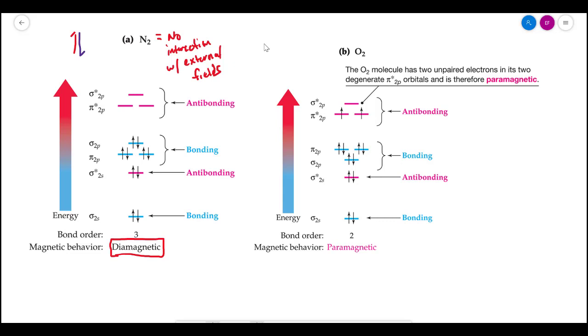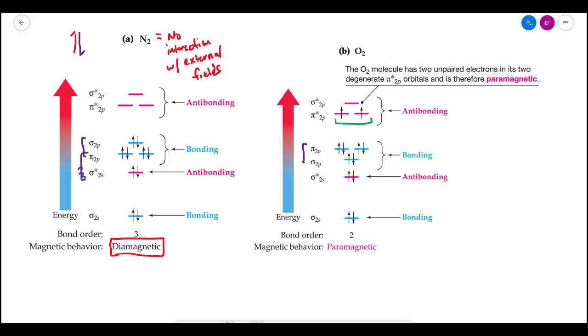Remember, once we go from nitrogen to oxygen on the periodic table, the key is that two orbitals, the pi and the sigma, flip around. Oh, no, I'm sorry, not these two, these two. So those two flip around. And if you take oxygen and fill it up with all of its electrons, what you observe is something really interesting. You've got two unpaired electrons.